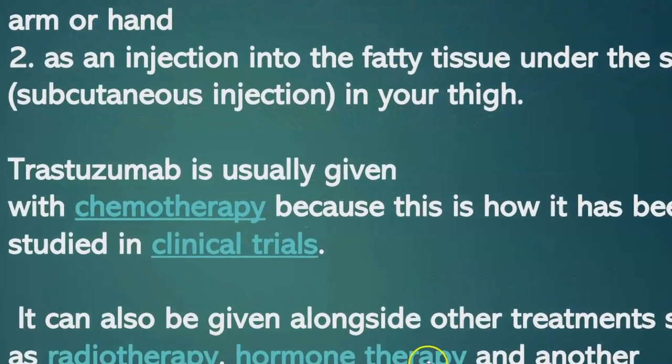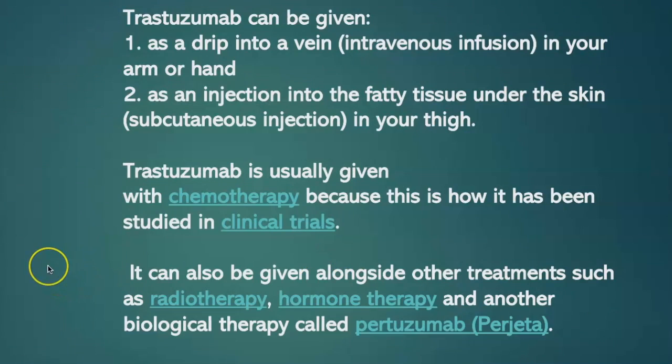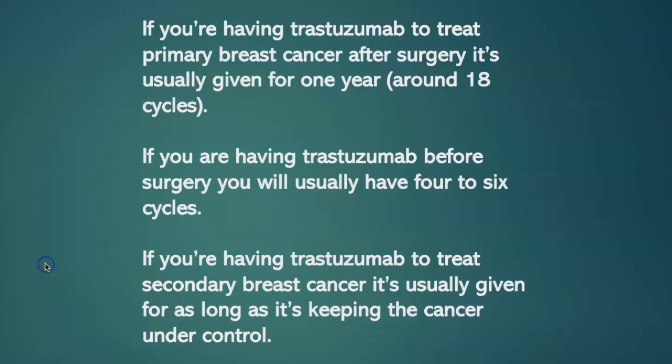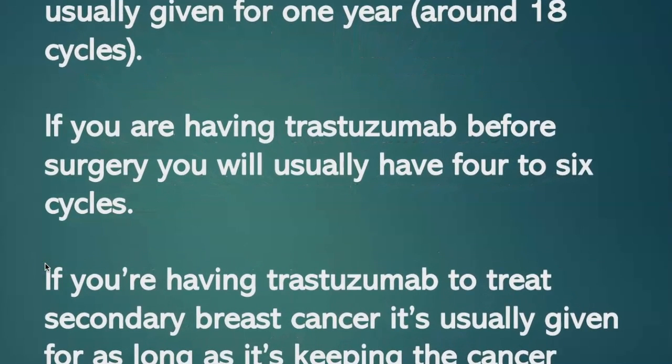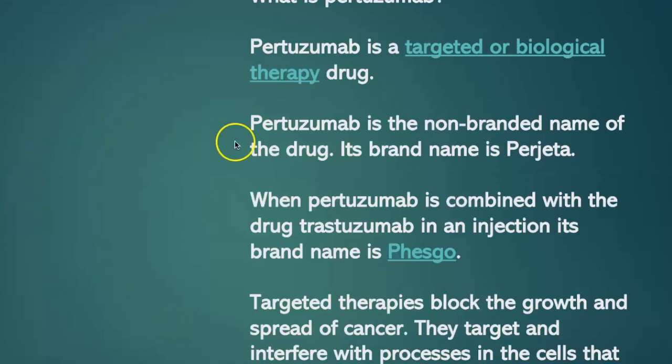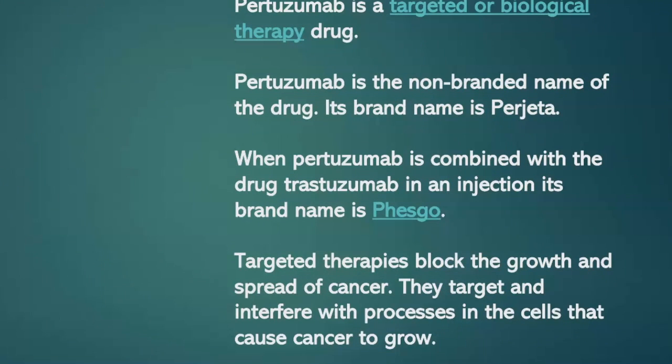So these hormonal therapies can be used in addition or along with chemotherapy and even radiation. If you're receiving the Herceptin as a treatment, you will be using it as long as it continues to keep the breast cancer under control. So again, that's decided on an individual basis.